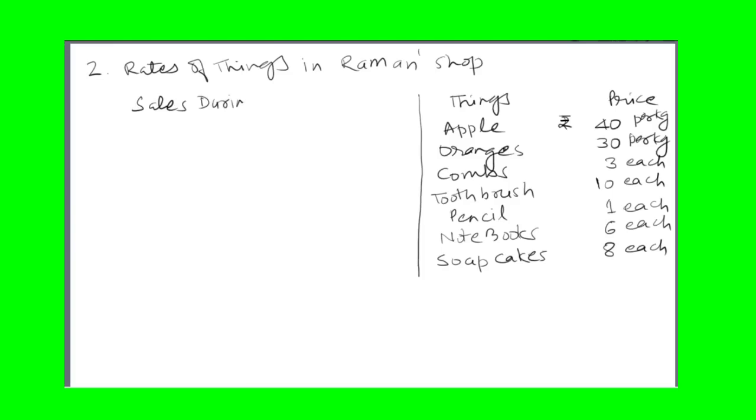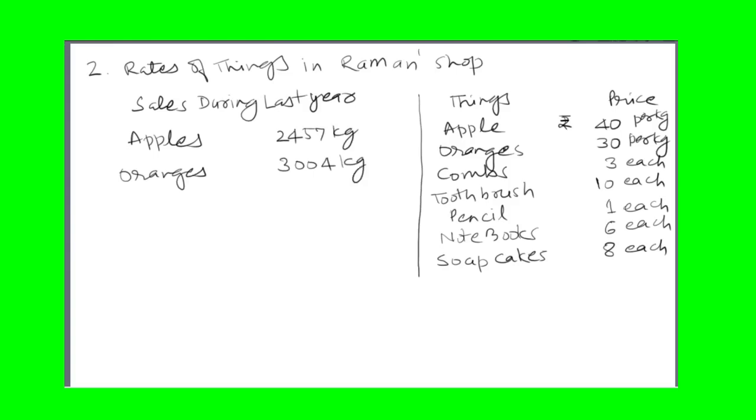Sales during last year: Apples 2,457 kg. Oranges 3,004 kg. Combs 22,760 numbers.